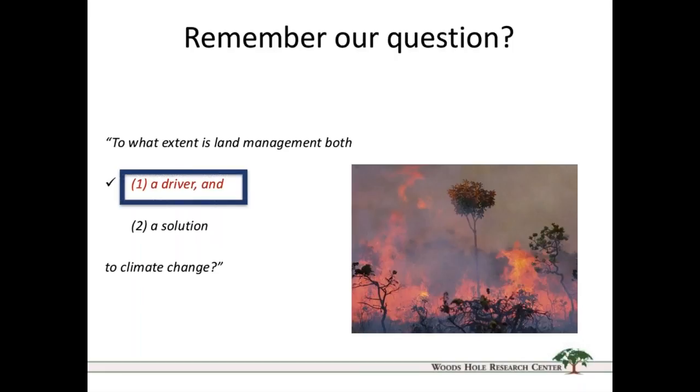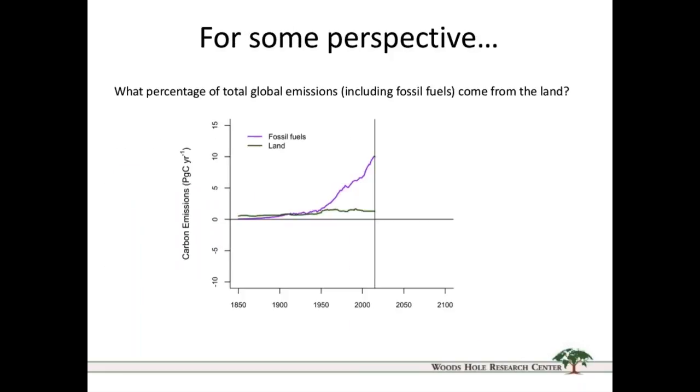So I've talked about how the past, largely land use, has been a driver of greenhouse gas emissions. I'm going to say something about potential for the future. Now this is showing, the green line here, the global emissions of carbon from land use change that started in 1850 to the present.